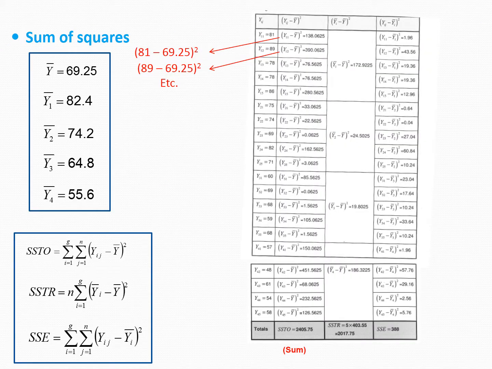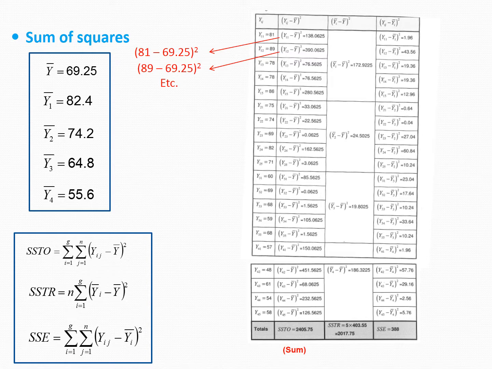Next, we calculate the sum of squares. And we can do this in 3 columns, or you can use the shortcut relationship where you calculate the easiest 2 and then you can get the third value from there. So first, if we look at the total sum of squares in the second column, you take the difference between your individual observations and your overall mean, which we calculated as 69.25.